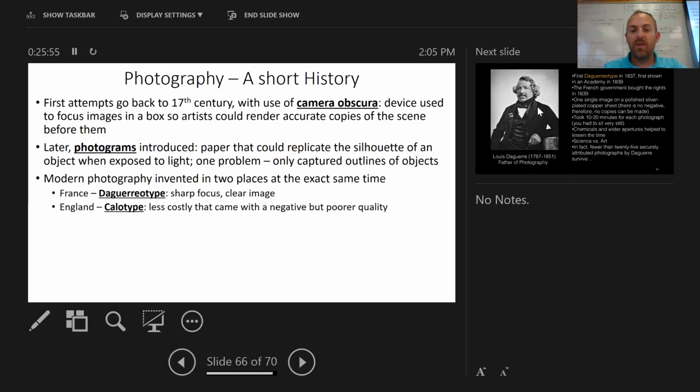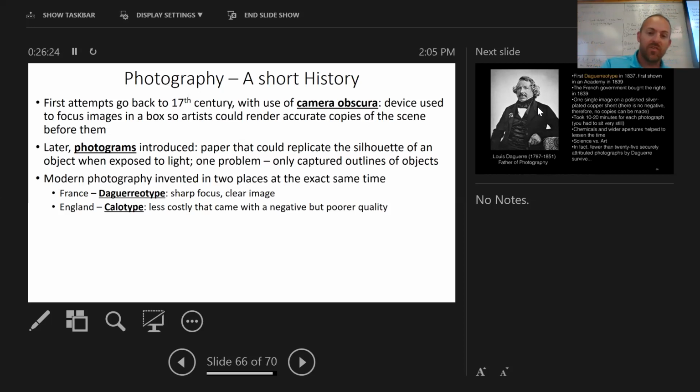The only problem here is it would only capture the actual outlines of what it was trying to capture. So again, it's a very crude attempt. You didn't really get to see the whole thing, much like what we saw with the camera obscura. You can only see parts. You couldn't get the whole, what we'll end up calling a photograph, right?